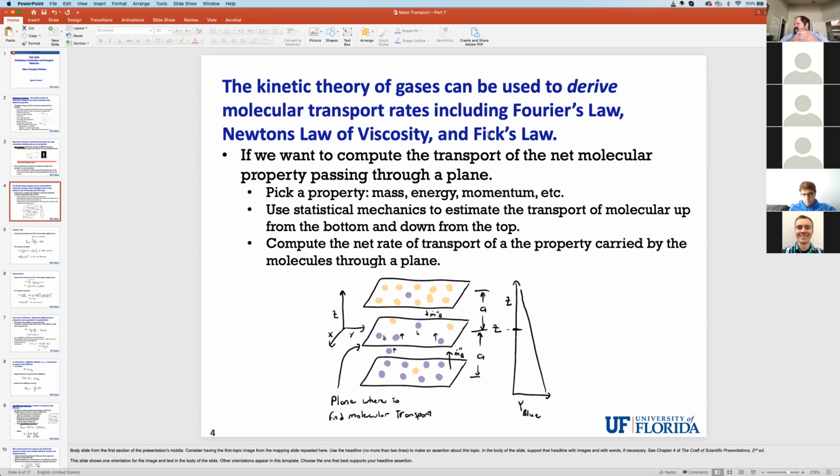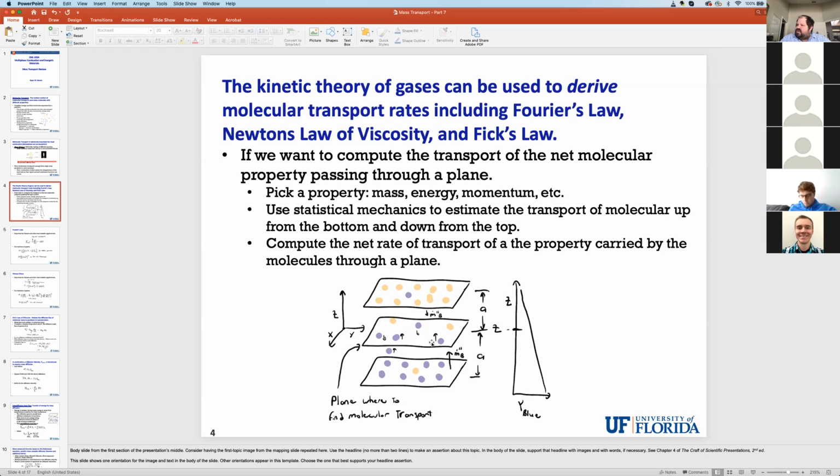A simple way of conceptualizing how this works is that we pick a plane at height z, and we want to find the net amount of a property of a molecule. It could be the energy, the mass, the momentum, etc.